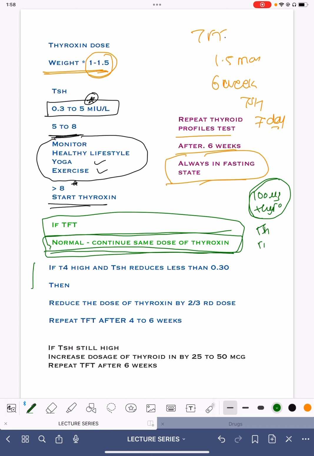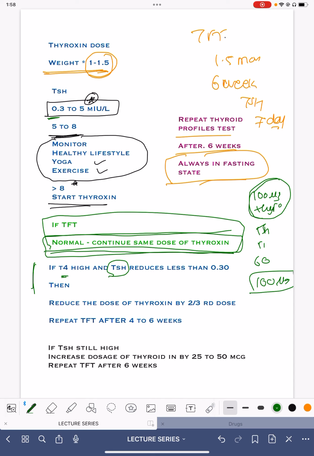Suppose after starting this thyroxine medicine, someone has a weight of 60, and we start 100 microgram of thyroxine, and if T4 comes high, and if the TSH reduces to less than 0.3, it means that whatever dosage we are giving is becoming slightly high, because the TSH should come normal and T4 should also come normal with our treatment.